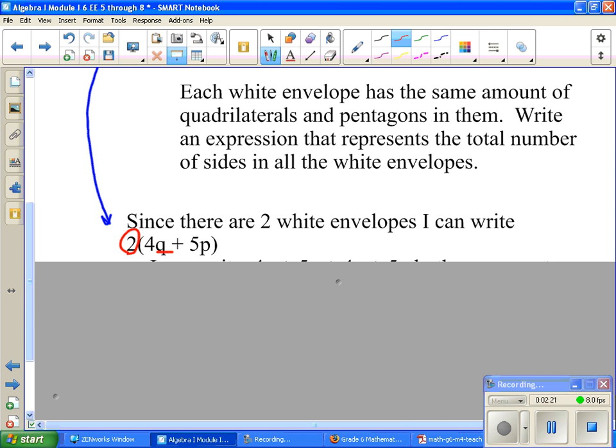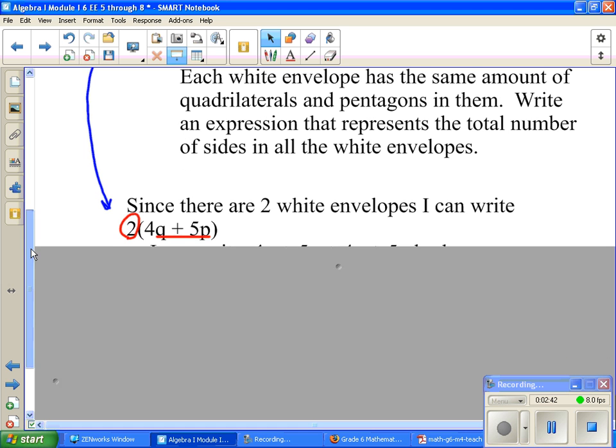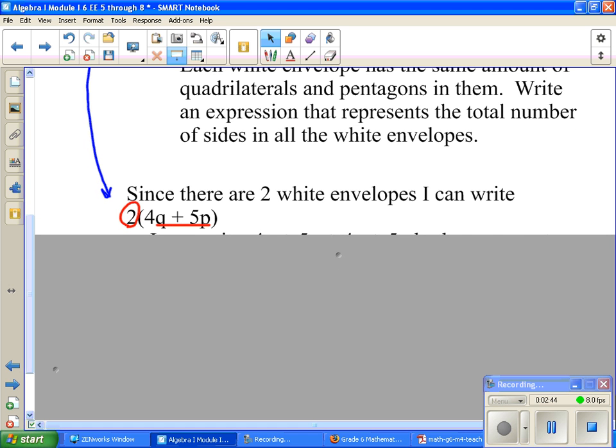There are 2 of the original equations, 4q plus 5p. Notice I put them in parentheses because there's 4q, 4 quadrilaterals, 4 times the number of quadrilaterals is that number of sides, plus 5 times the number of pentagons. Remember, a pentagon has 5 sides. So I have 2 of those. That's why they're in parentheses, because there's 2 total.